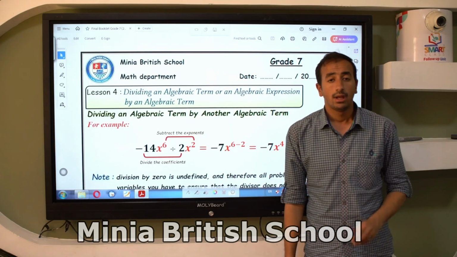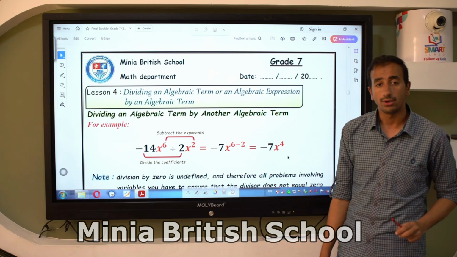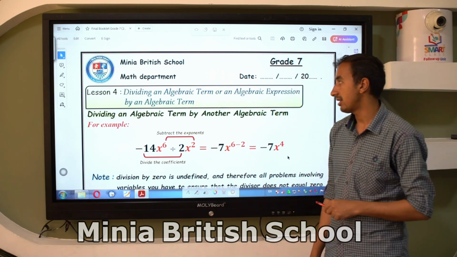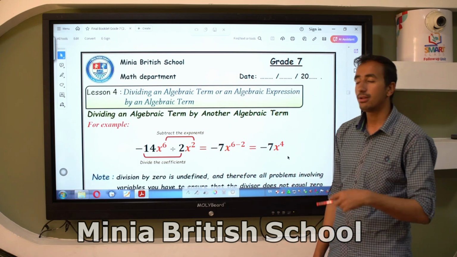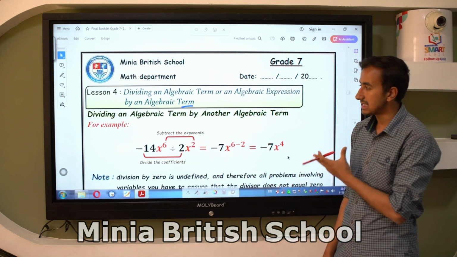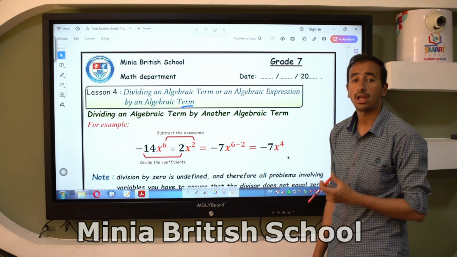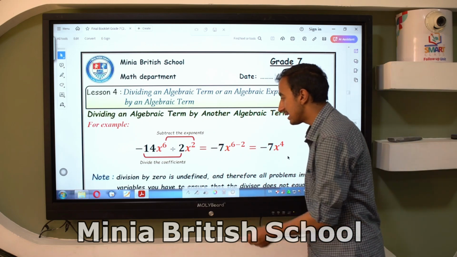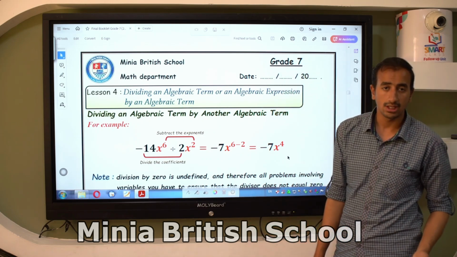So now we have lesson 4 in unit 2, dividing an algebraic term or an algebraic expression by an algebraic term. I can abbreviate this title: dividing by an algebraic term. It's an easy lesson. The opposite of multiplication is division.